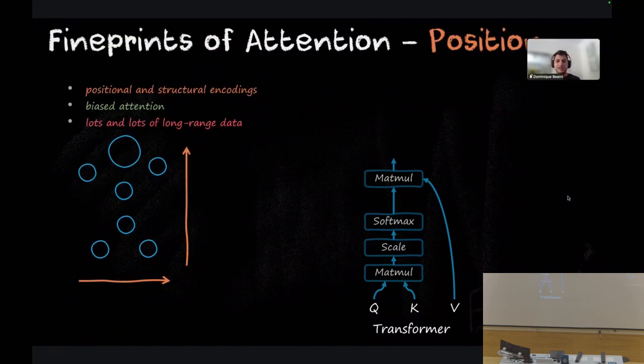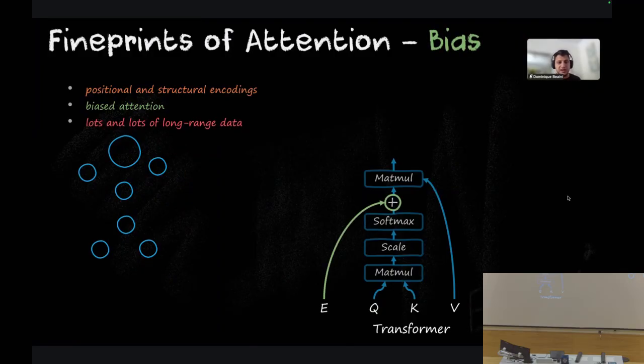But if we are able to define, for example, directions in the graph, like left to right and up and down, and assign these kinds of axes to give a position, then we can more easily use a transformer. And if we're also able to bias the attention, let's say by adding an edge weight to the nodes that are actually connected in the graph, so that the network can learn to give them more weight.